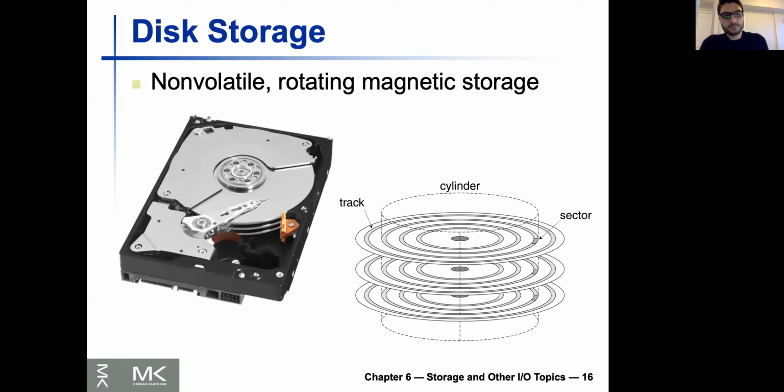So this is your classical magnet-based hard drive, right? That was a disk that was rotating, just like your old gramophone. It was trying to access data while it was rotating. So you have cylinders and sectors, and each of those sectors has some tracks.